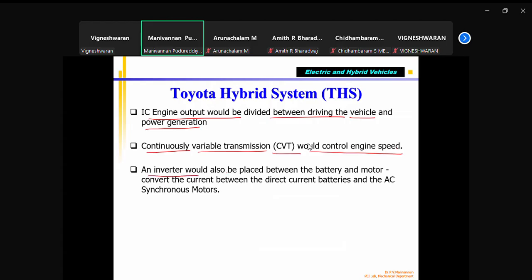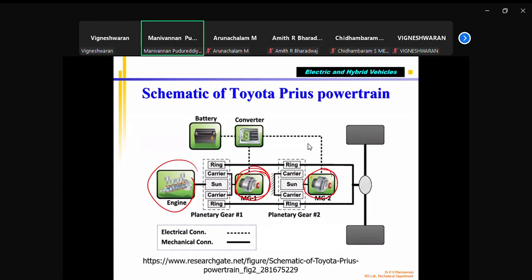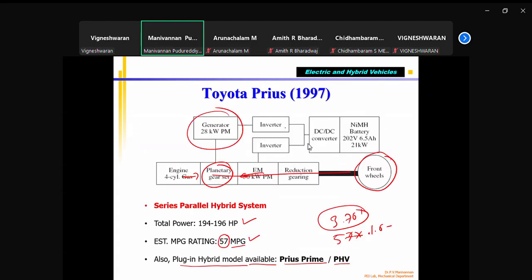The inverter is placed between the battery and the motor to convert the direct current of the battery to AC for the synchronous motor. You can see that inverter. Battery power is a DC voltage. This motor is an AC synchronous motor. So the generator output will be converted to AC and given to the motor.